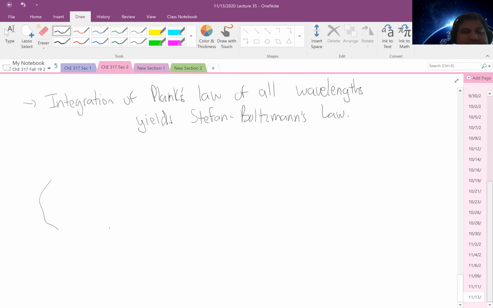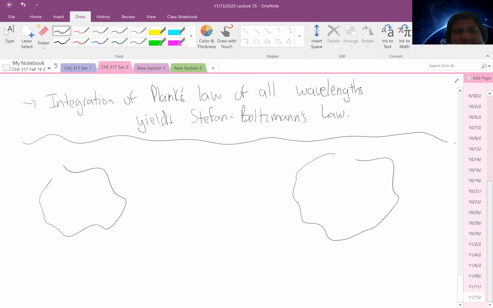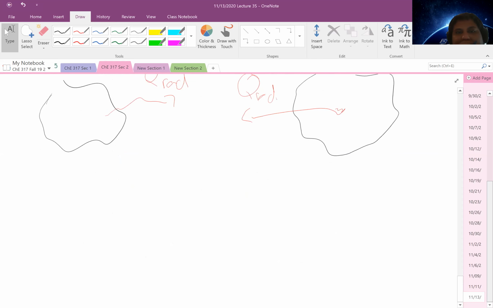If we have two objects and we're interested in the radiation associated with those two objects, and we're wanting to know the net, then yes, we can consider the implications of the emissivity of both objects. What we were left with is an effective emissivity, where we can calculate this effective emissivity.